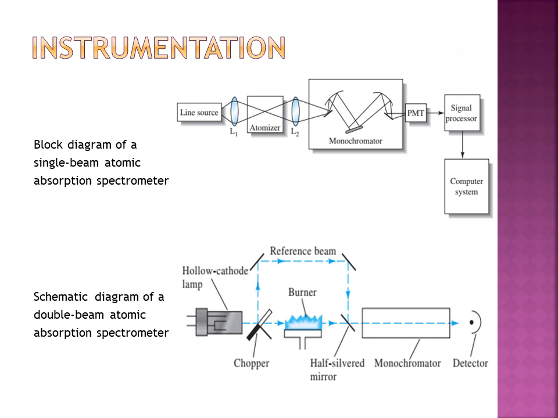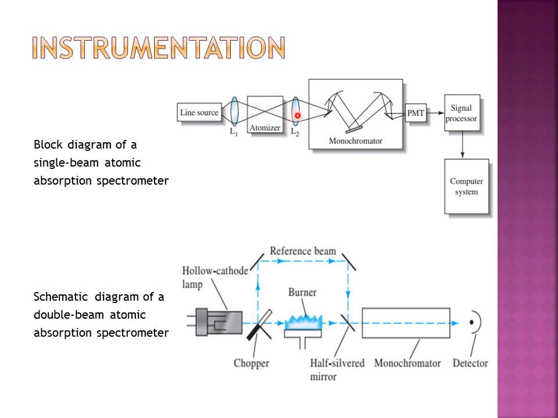So let's discuss the instrumentation now. Here is the block diagram of a single beam atomic absorption spectrometer. First, there is a line source which produces lines. These lines are directed to the atomizer where the sample is present in the form of gaseous atoms, and here is the absorption phenomenon.